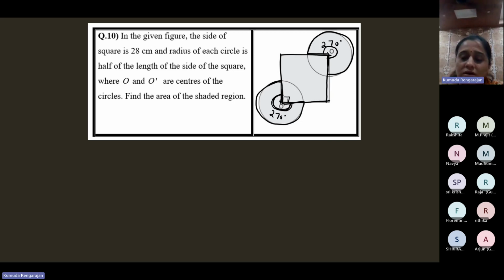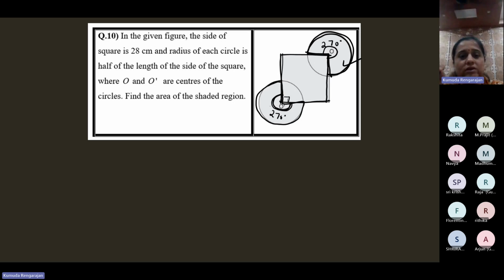So the area of the major sector. See, this one is a major sector because radius, arc. 270 by 360 into pi r square will give us the area of this major sector, into 2 will give you the area of the two major sectors, plus the area of the square.